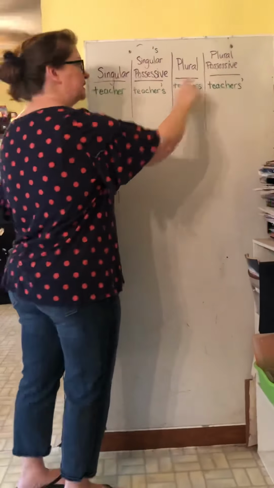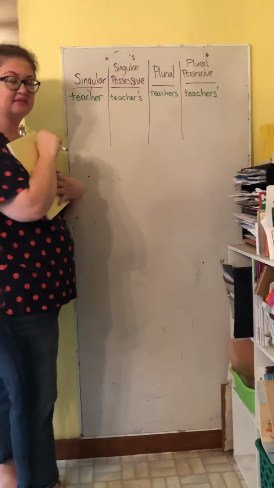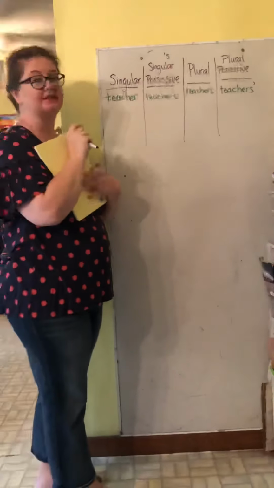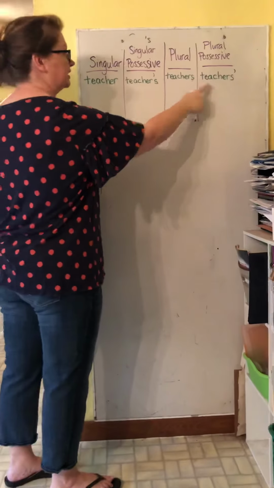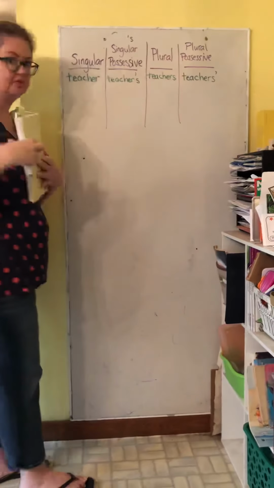So plural possessive, if my plural form ends with an S, then my apostrophe goes after the S. Looks kind of weird, but that's how we can tell the difference between singular possessive and plural possessive.